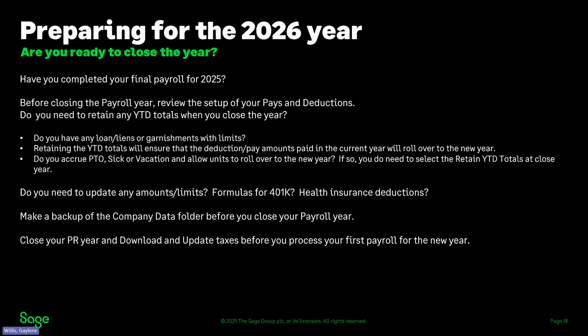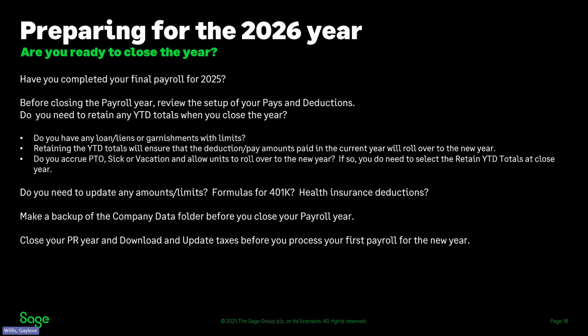Okay, now before you process any payroll for 2026, make sure you've closed your payroll year and downloaded and updated your taxes before you process your first payroll for the new year. Now, the payroll tax update will be available the week before Christmas, both US and Canadian.